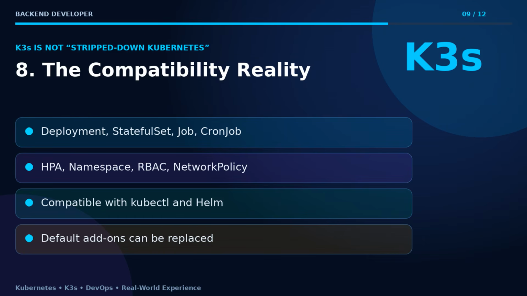Default components can still differ. K3s includes Flannel and Traefik, for example. If your organization standardizes on Cilium, NGINX Ingress, or another storage solution, you may need to disable the defaults and install your preferred components. Portability is high, but always review add-on dependencies.